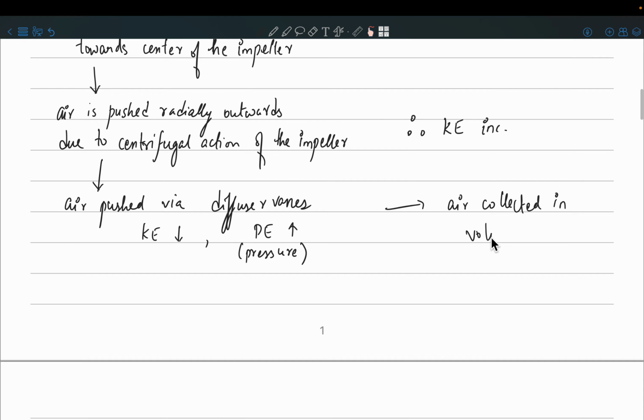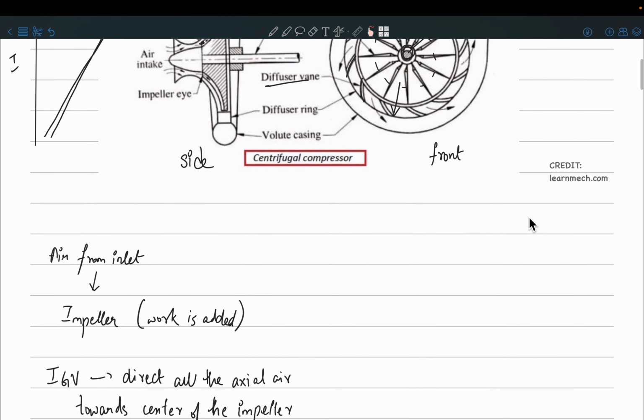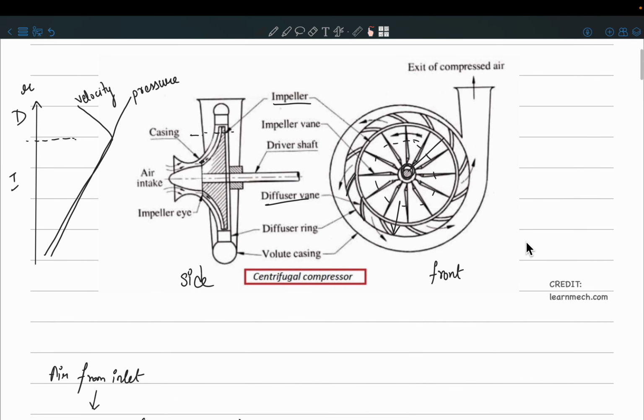Okay, so if you understand this entire process, then solving any question or visualizing what is happening helps you understand all the velocity components.